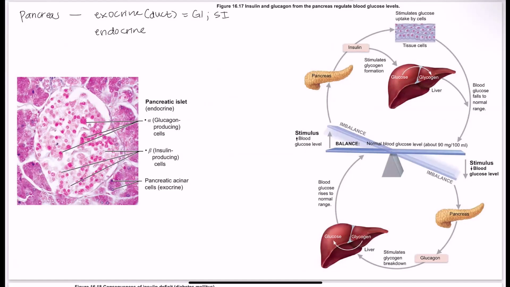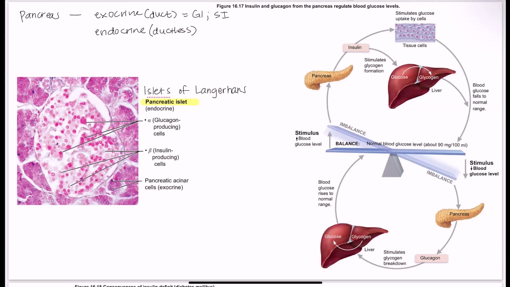But the endocrine function means that we secrete on the inside, and this is ductless. So there's no duct there. And this happens in what's called the pancreatic islets. Pancreatic islets. They're also called islets of Langerhans, named after the scientist.